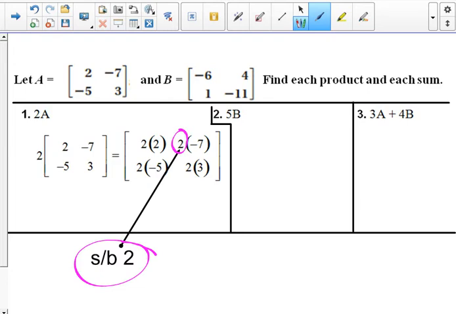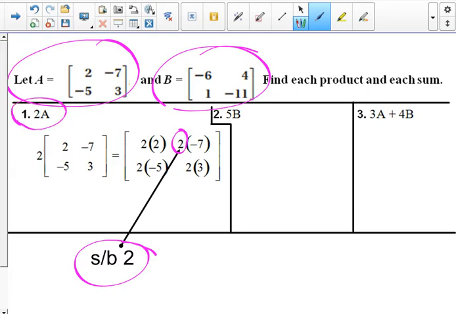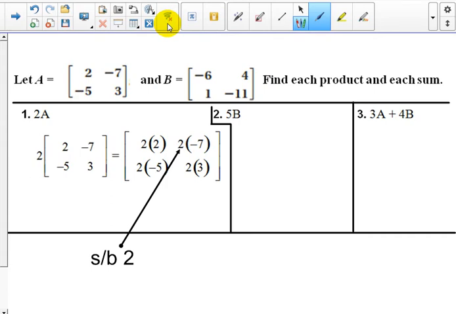Now let's look. They say let A equal this matrix and let B equal this matrix. Find each product and each sum. So the first thing they give us is 2A. So we're going to take 2 times matrix A, and here it is, 2 times 2, -7, -5, and 3. So now we're going to multiply everything in that A matrix by 2.